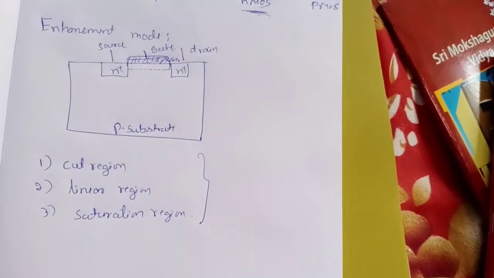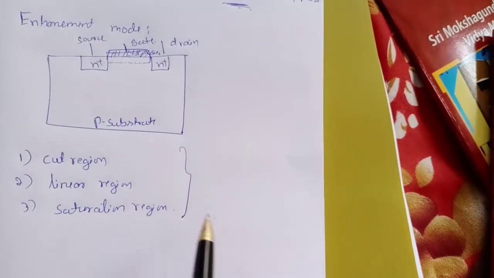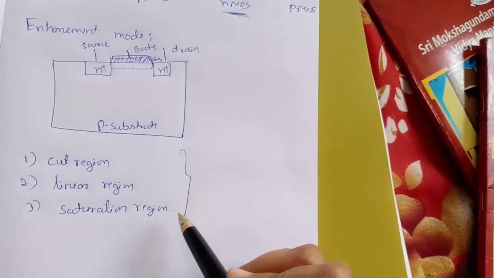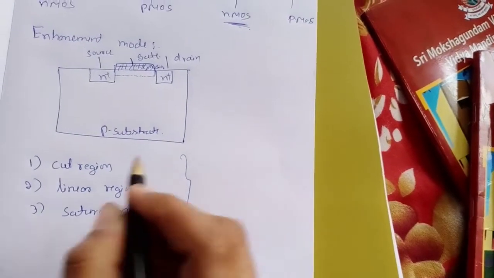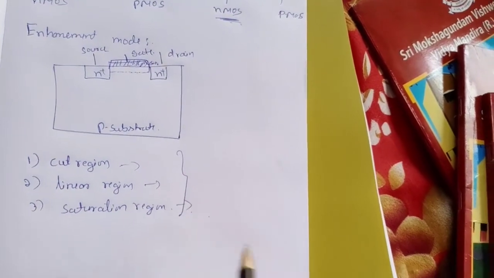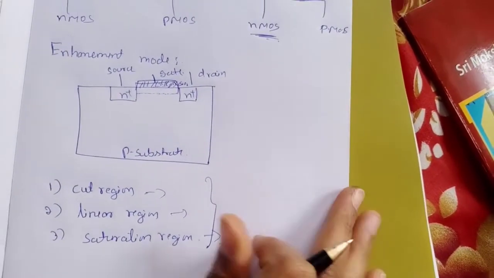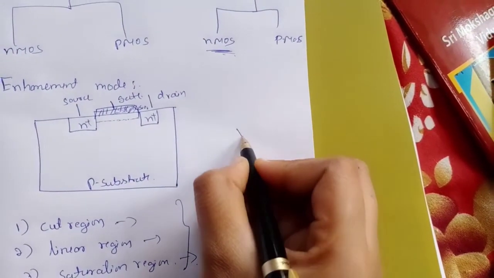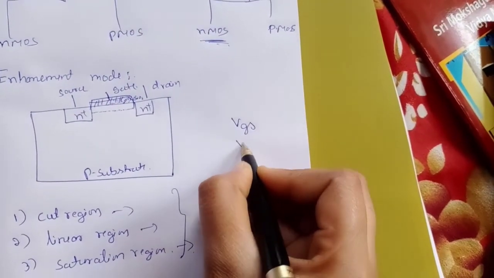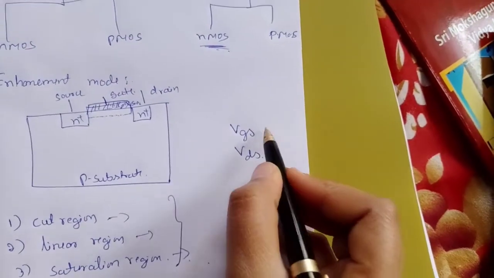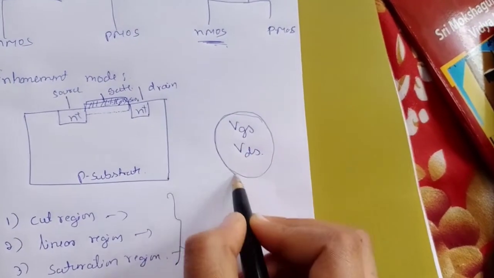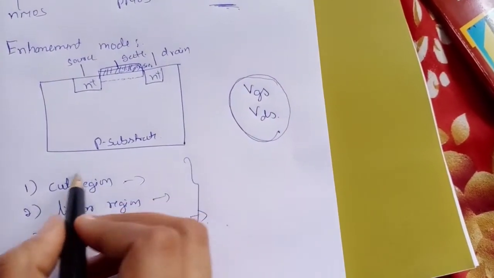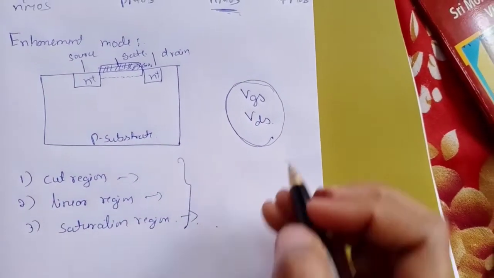Now I will help you to find which region the MOSFET is in. First, we need to consider two main voltages. One is the VGS value and another one is the VDS value. These two are the basic voltages to define all three regions.